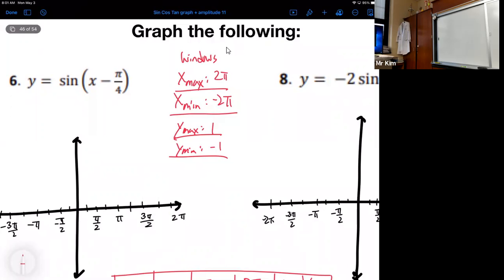That's where you start. And because it's a sine, it's got to be in the middle.